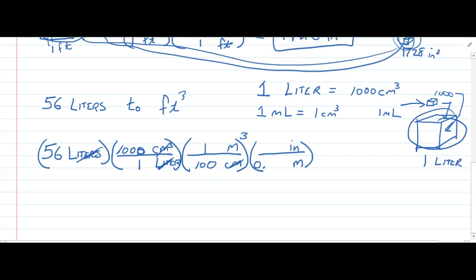And there's 0.0254 meters in 1 inch. And it won't cancel until I cube everything in the parentheses. Now we have inches and we have feet. And there's 12 inches in 1 foot, but the inches won't cancel until I cube it. So now everything is canceled except cubic feet, which we desire.